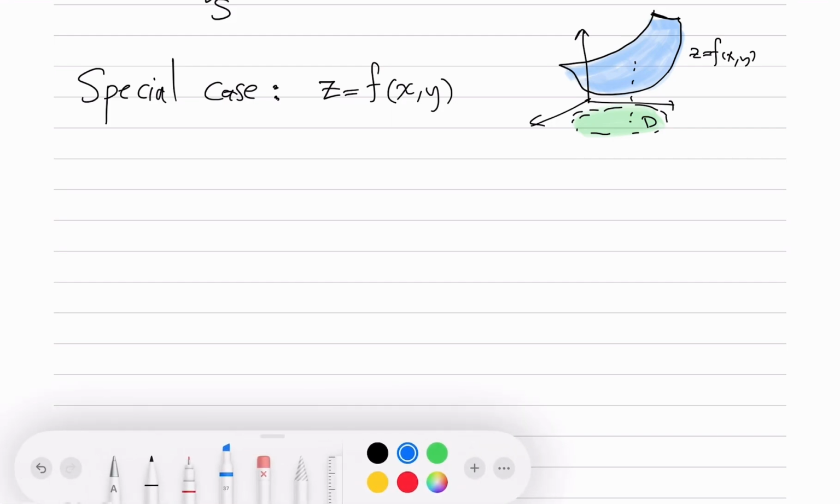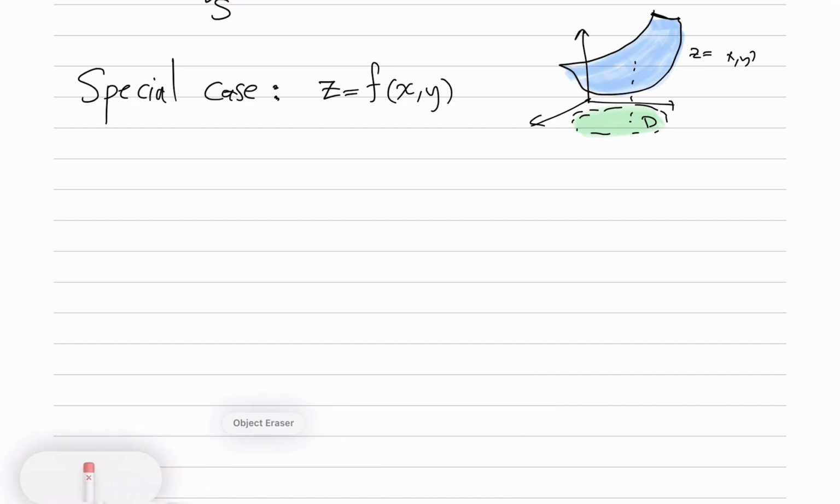By the way, because I have been using f for integrating a function, let's give this a different name, g. So z equals g of x, y is the surface.